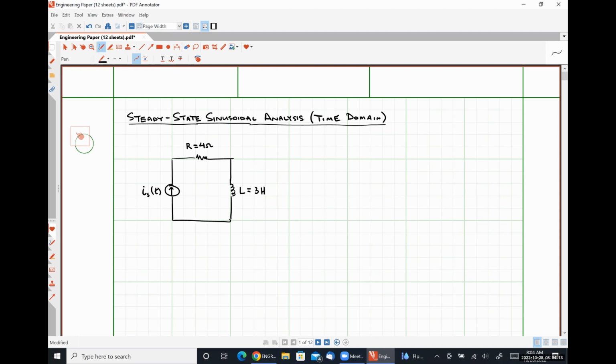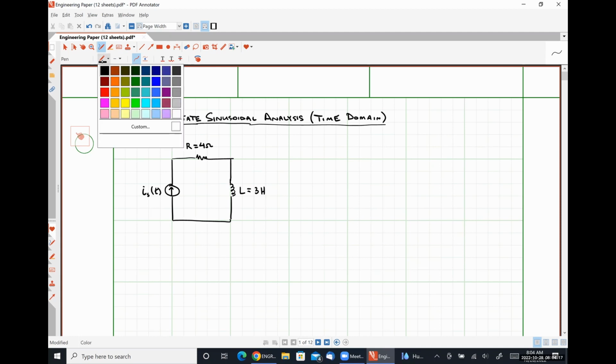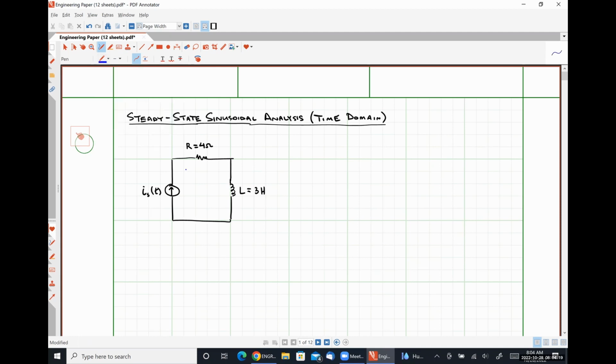Okay. Our goal is to determine the voltage drop across our current source. So this is going to be our response that we're looking for. And our constraint here is that this circuit is sinusoidally excited.